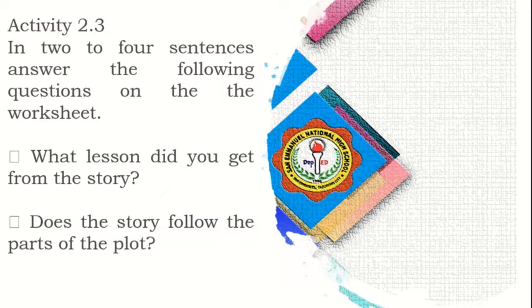In our activity 2.3, in 2 to 4 sentences, you are going to answer the questions. I already gave you one answer. So what lesson did you get from the story? Does the story follow the parts of the plot? You give your reasons.